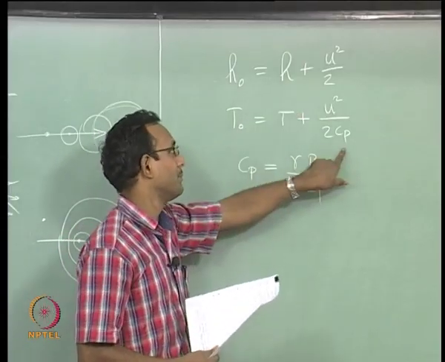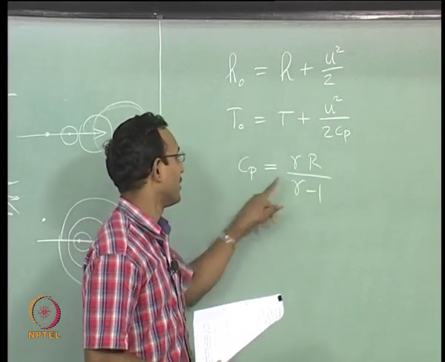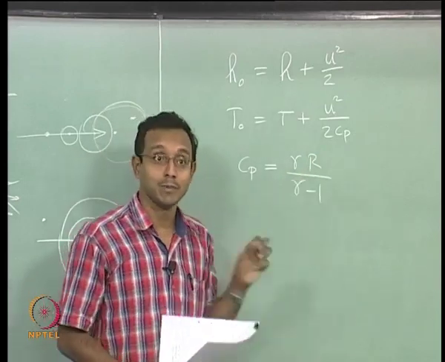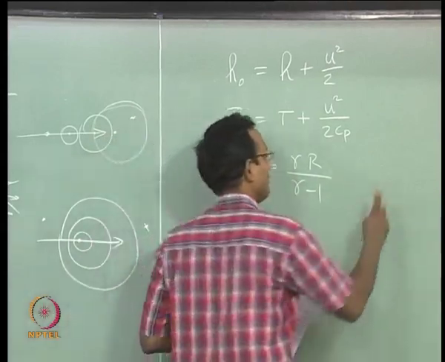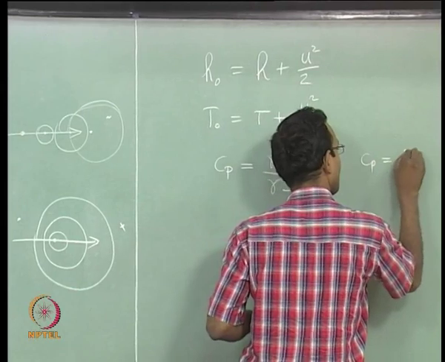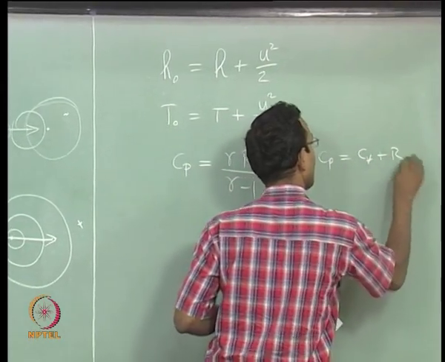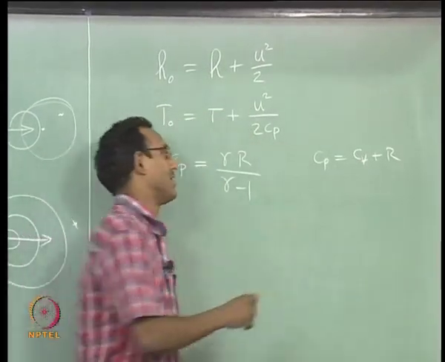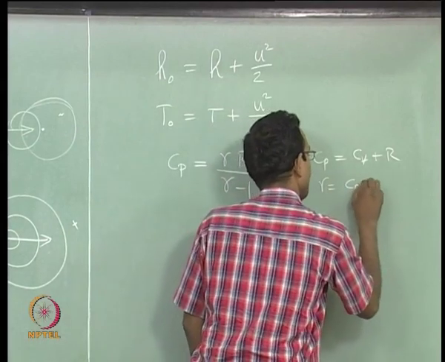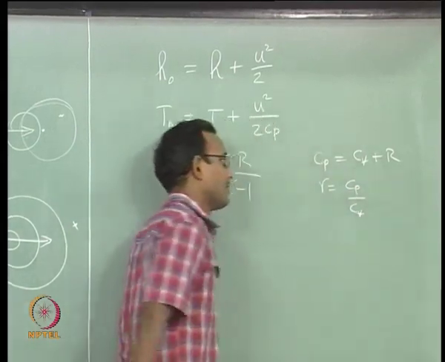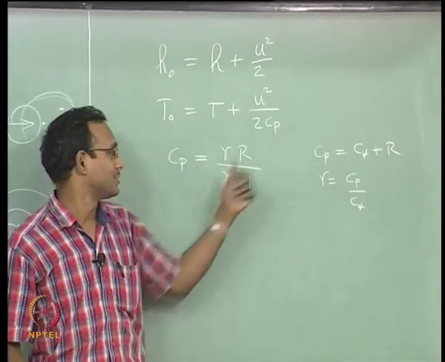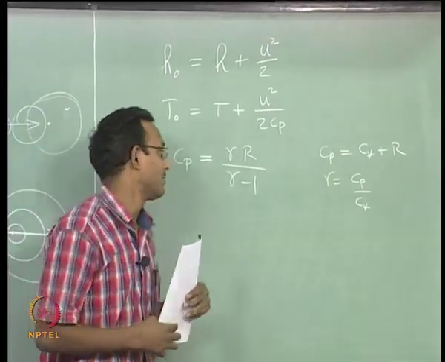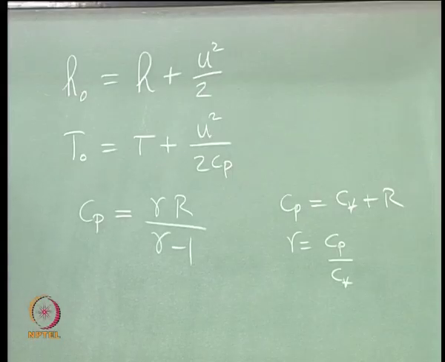So this Cp will be per mass basis, and R will be the per mass basis specific gas constant. You can check this, it comes simply from Cp equal to Cv plus R and gamma equal to Cp by Cv. You can just divide this whole expression by Cv and you will get this form immediately. It is simple enough to get.